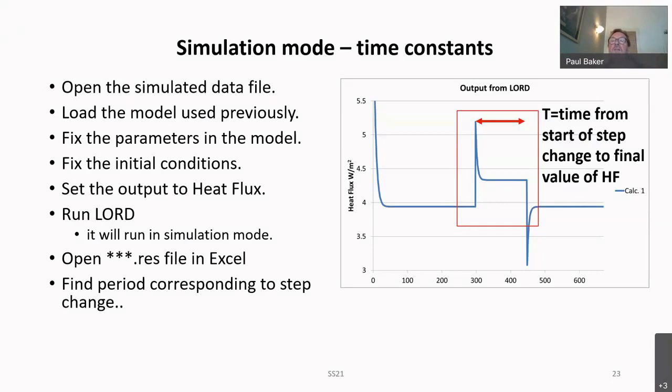Ignore the measured values completely, and you can see that we have a spike in the heat flux at the beginning of the step change, and we, graphically or from the data that you've got in the Excel file, calculate the time from the start of the step change to the final value of the heat flow when it reaches a steady state.